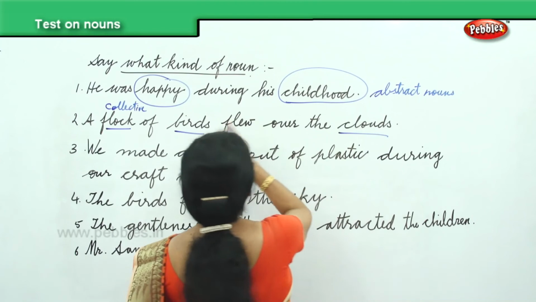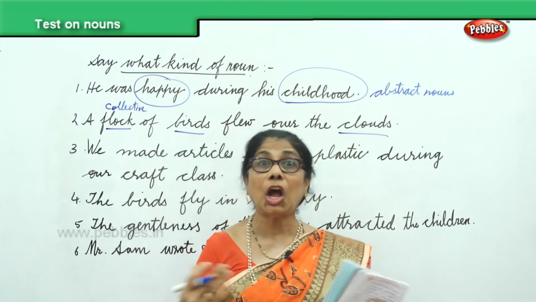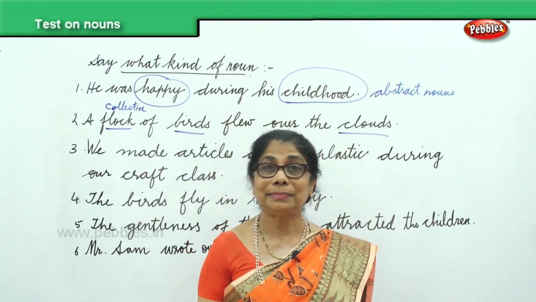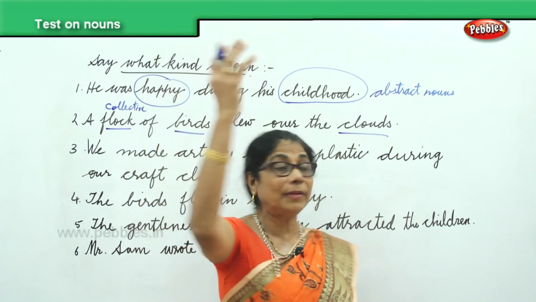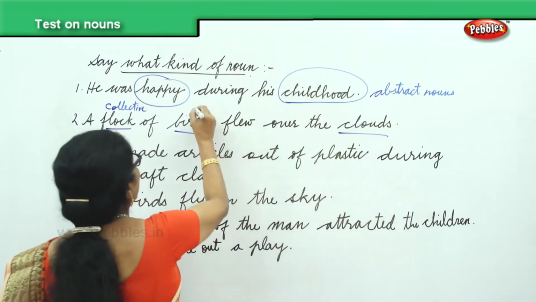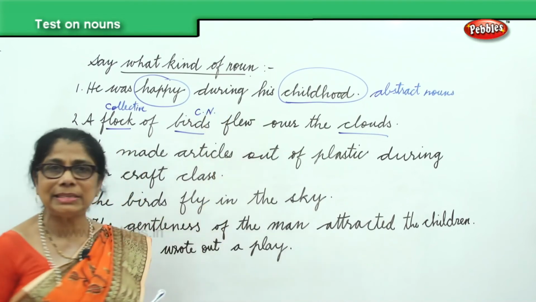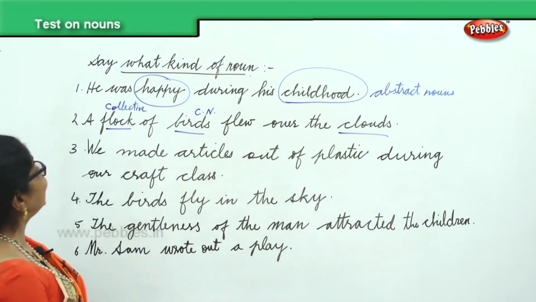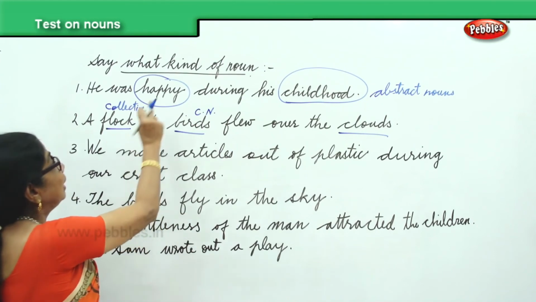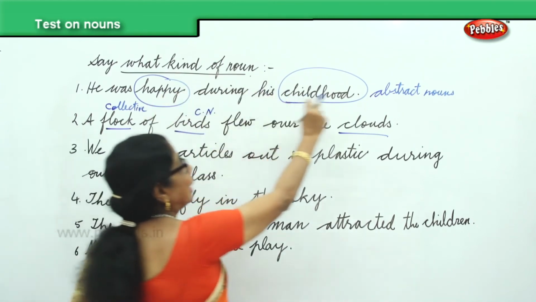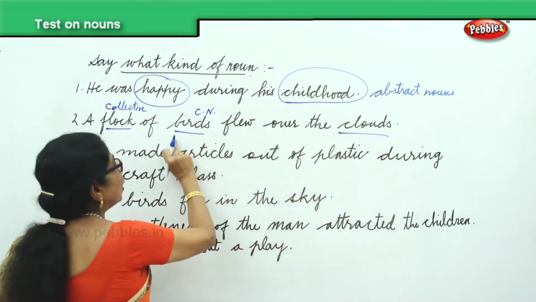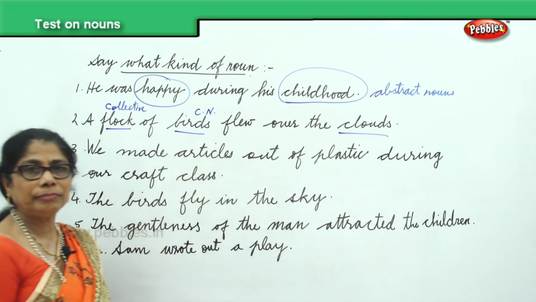Birds, clouds, they are common nouns. Any bird, any cloud. So, you will say common noun, CN. So, we identified collective noun, abstract noun, and we found common nouns. Okay.